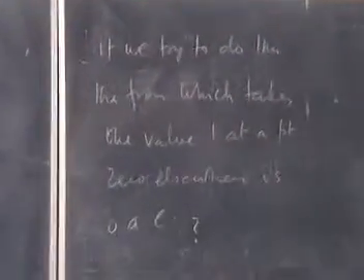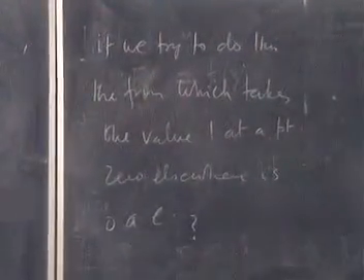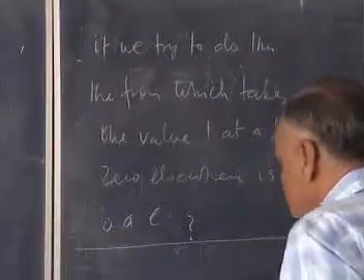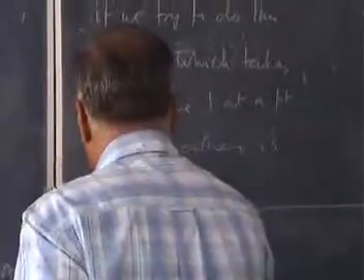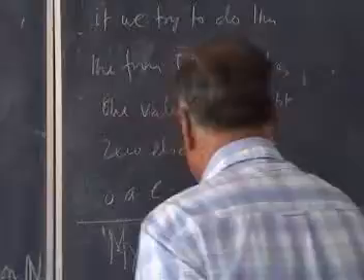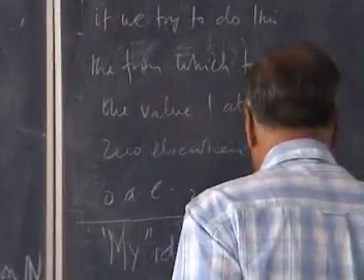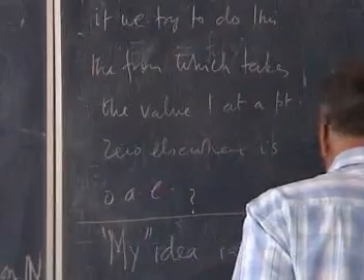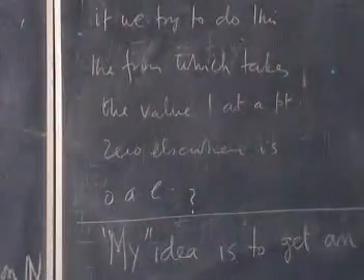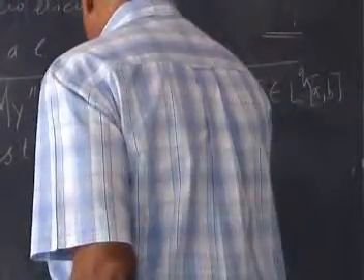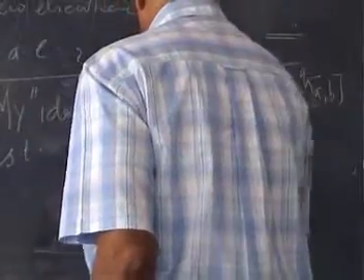Now let me get to this idea itself first. Let's look at it this way. My idea, it's not my idea, is to get an f in L^q[a,b] such that my first requirement is this: the action of f on g can be written as this.